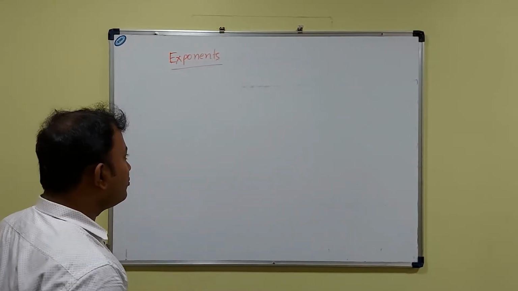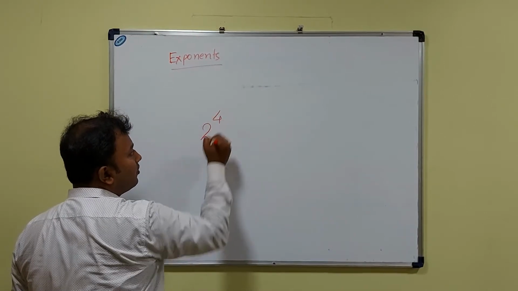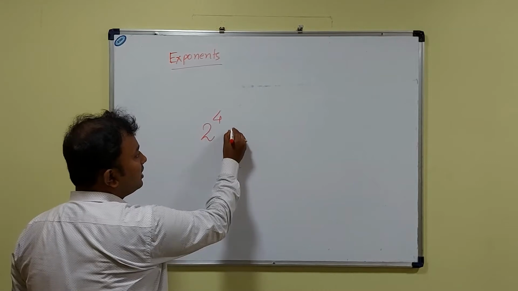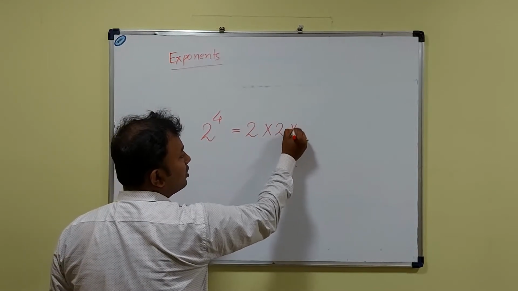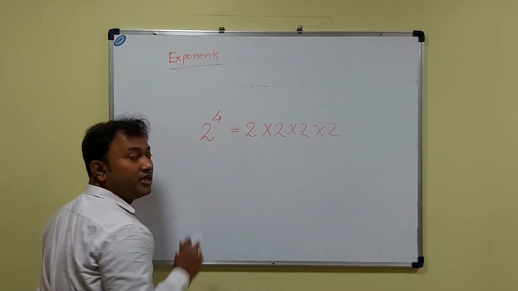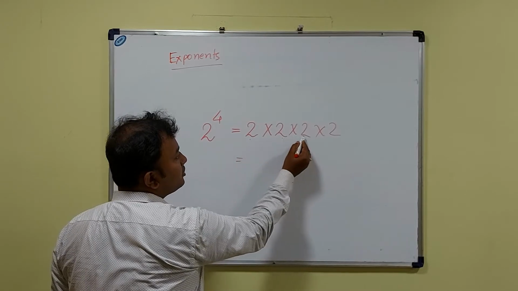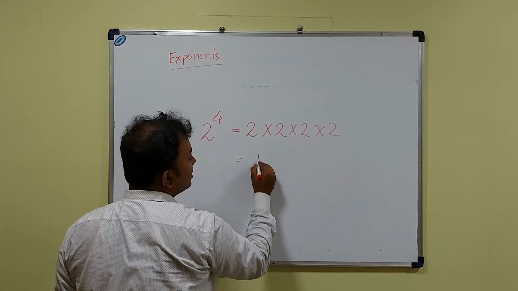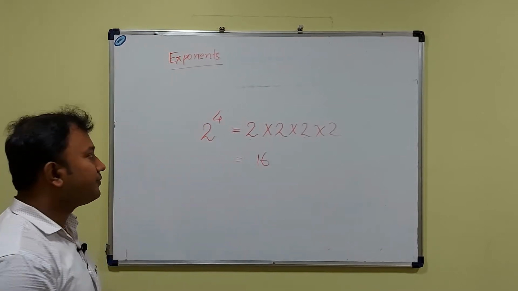So can you tell me, if I write 2 to the power 4, that means 2 into 2, and how many 2's will be there? 4 numbers of 2's, since the power is 4. So 2 into 2 is 4, into 2 is 8, into 2 is 16. So 2 to the power 4 is 16.